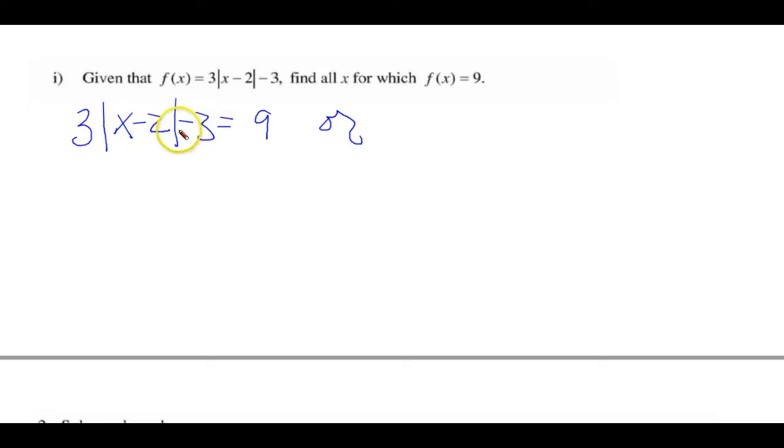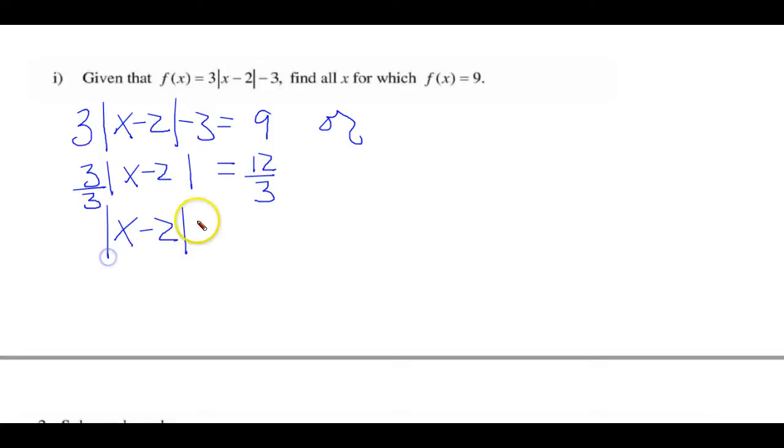So let's do so. We're going to bring this over. This becomes a positive 3, so this is 12. Now we're going to divide both sides by 3. So we get x minus 2, absolute value is equal to 4.